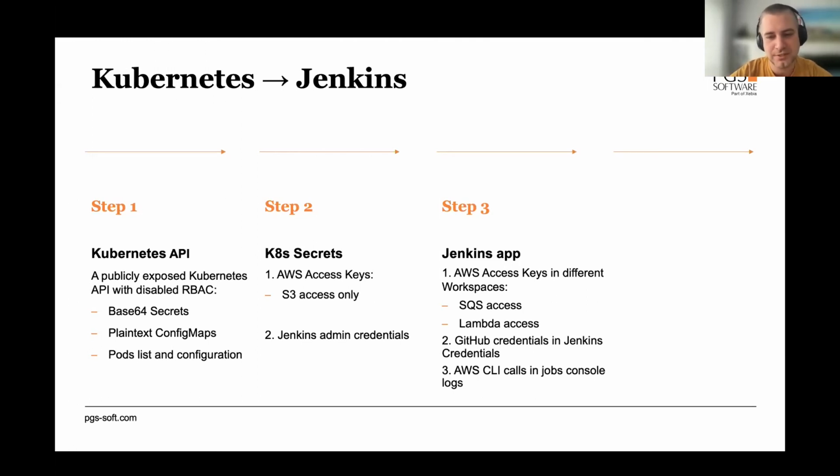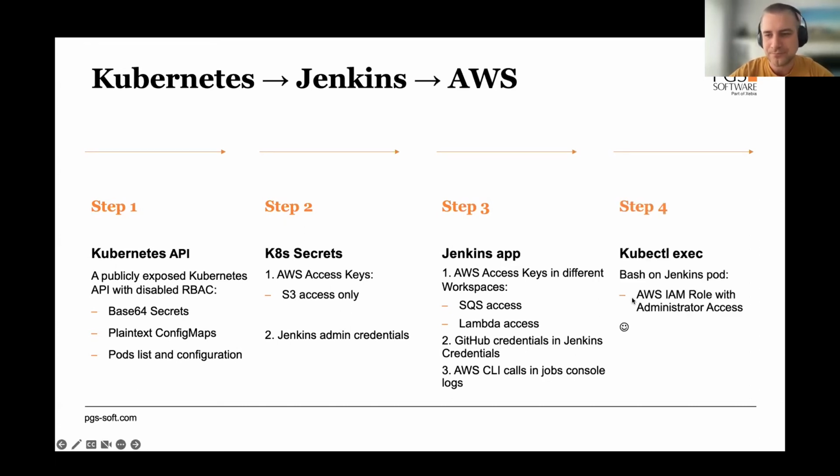And also I checked console logs, build history, and there were calls to AWS using AWS CLI. So this means that Jenkins has access to AWS CLI, and either it's configured as a role or in a profile with a long-living access and secret key.